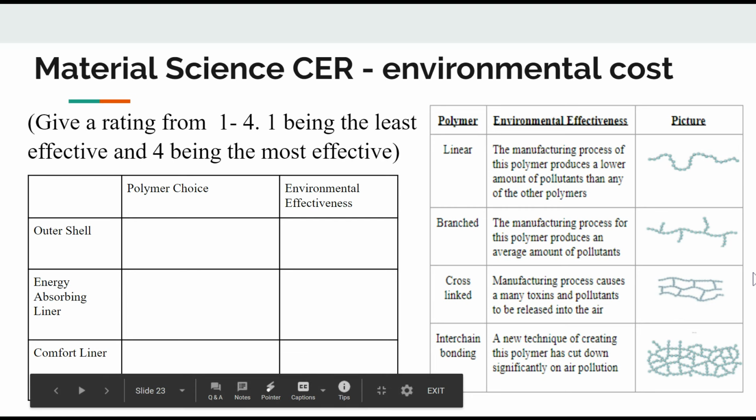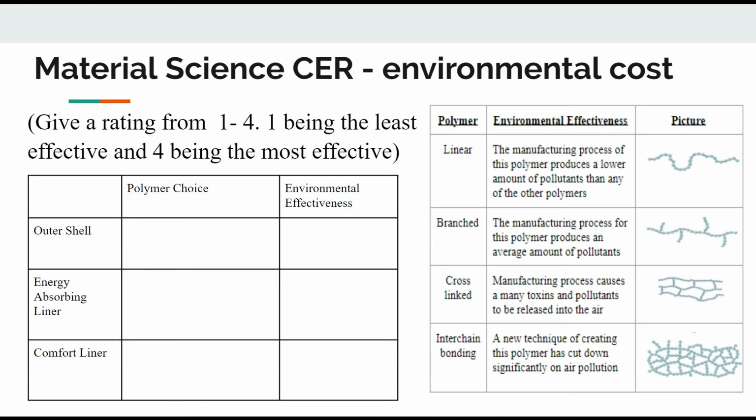So what I'd like you to do is, for your polymer choice for the outer shell, for the energy absorbing liner and for the comfort liner, give a ranking from least effective to most effective. Least is 1, so that's the one that is bad for the environment, that causes too much harm. And then 4 being the one that you think is the best.